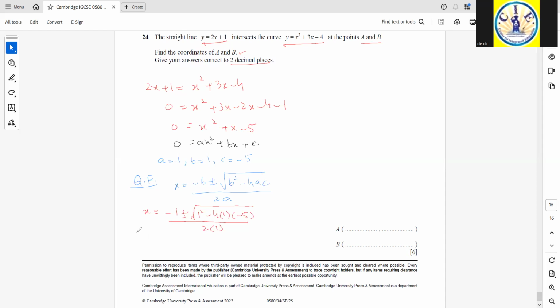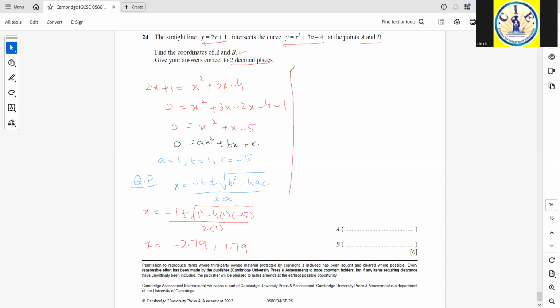So using our calculator to calculate the quadratic, the values of x are minus 2.79 and 1.79.